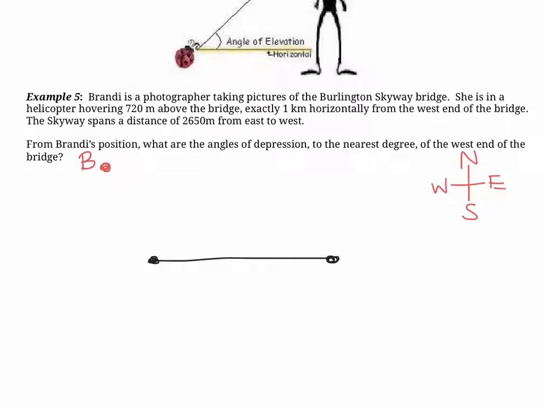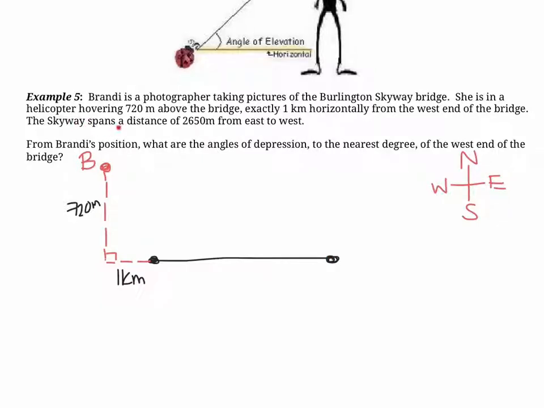Hovering 720 meters above the bridge, exactly 1 kilometer horizontally west. So the height that the helicopter is at is 720 meters, and she's 1 kilometer horizontally from the west end of the bridge. We know that this is the west end of the bridge and this is the east end, just because of our directions.